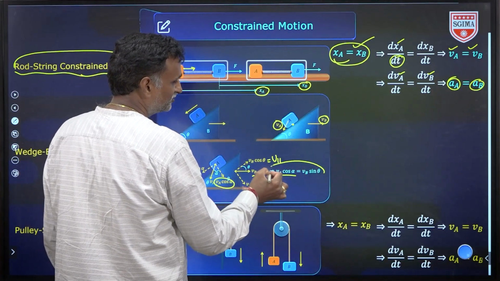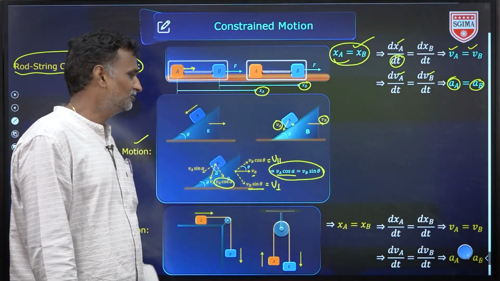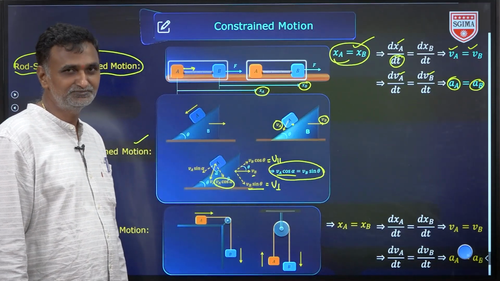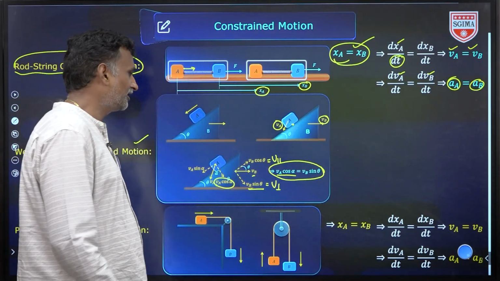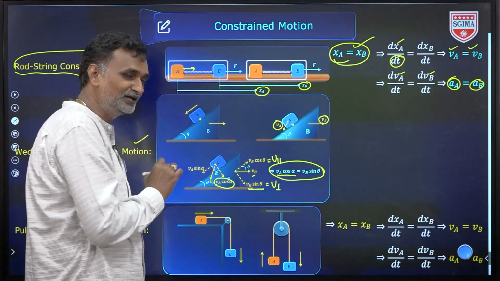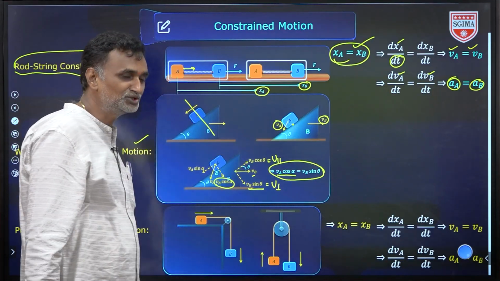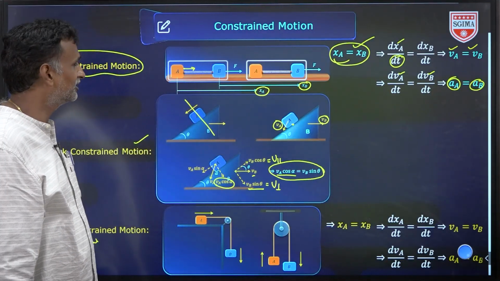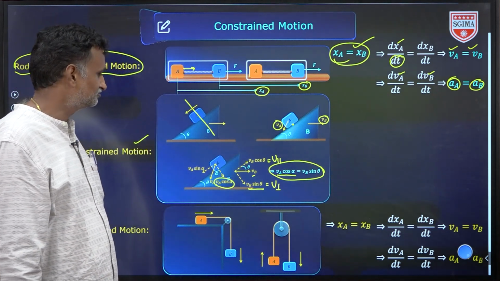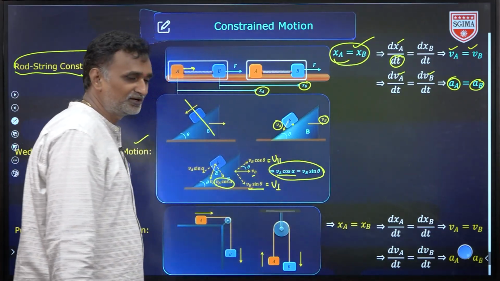So these both velocities are made equal. Now this relation we can use to find the Va and Vb relation. The important point is that to maintain this contact continuously, the velocities perpendicular to the contact must be the same. This point we need to consider. This is the way we can solve the wedge block relations.